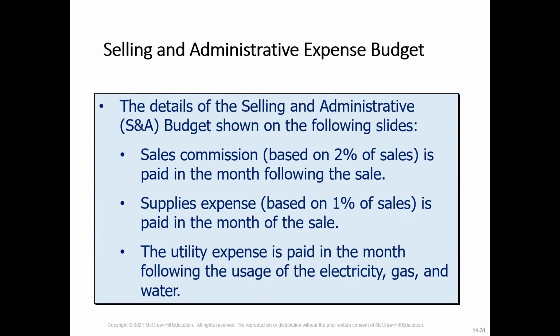Supplies expense is paid in the month of sale, not in the month following. So we will have supplies expense for October. Utilities expense, we would not have for October. That is paid in the month following the usage of the electricity, gas, and water.